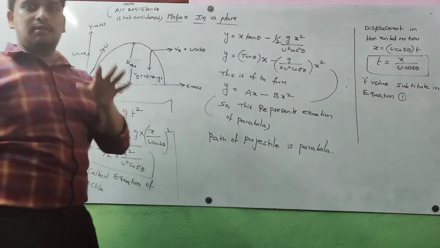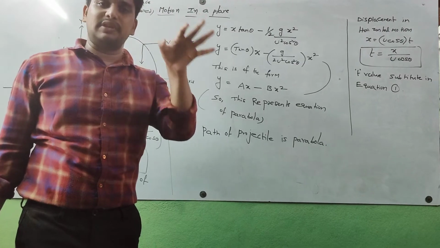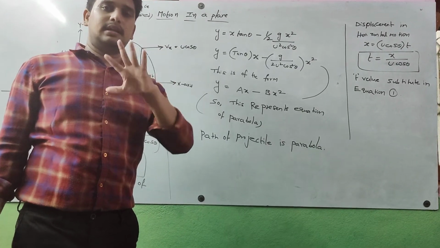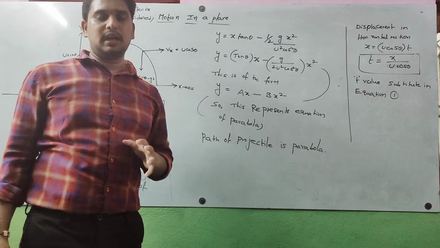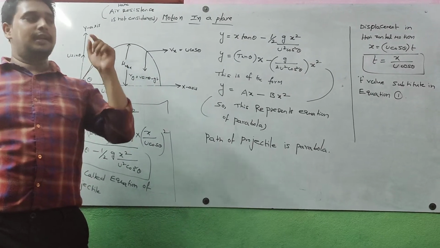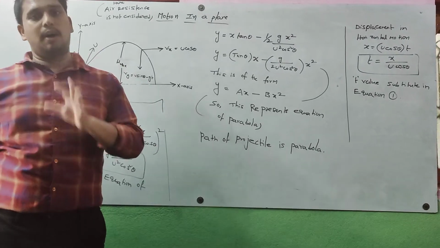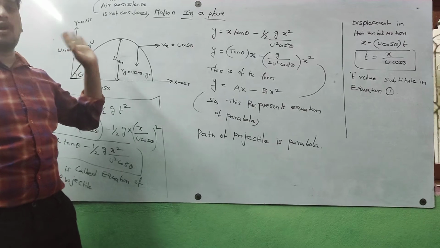That means we are considering the body projected in the absence of air. Here that is the assumption. If air is absent, then the resistance force due to air is also absent. Here air resistance is not considered.